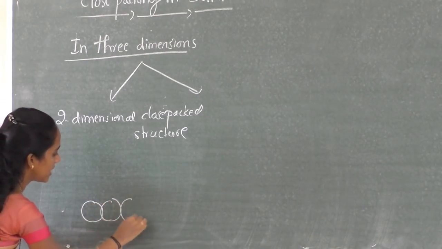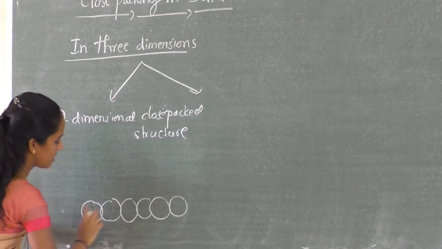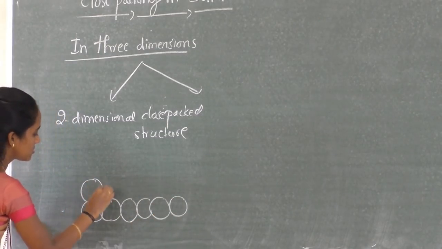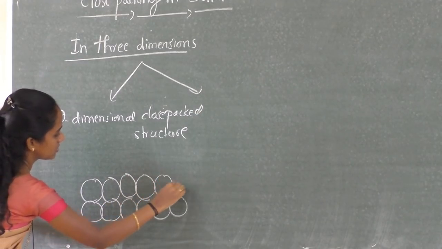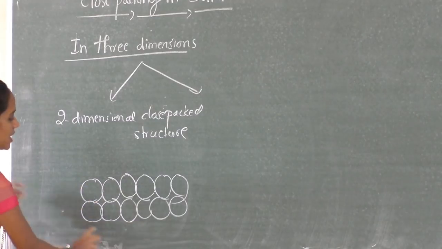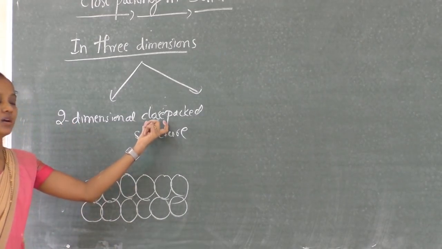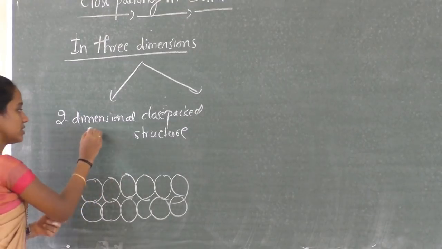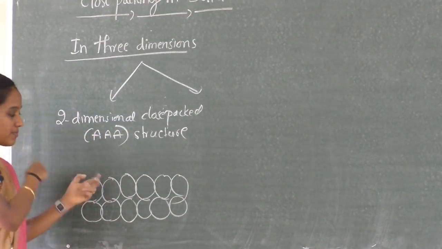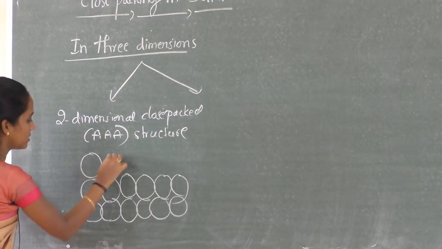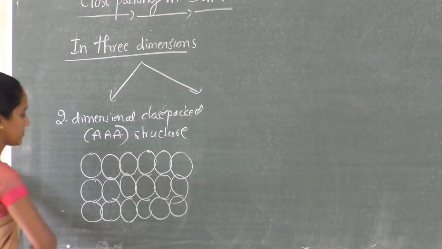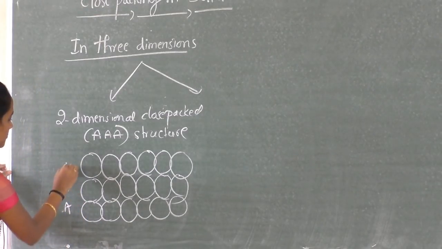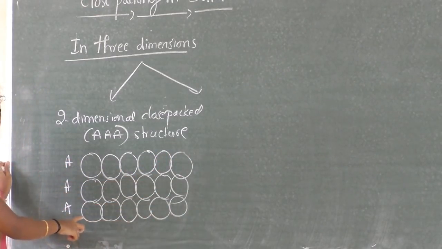It will be like this. AA type is the first layer in one dimension. So this is a two-dimensional close packed structure, that is AA type, or we need to consider square close packing like this.